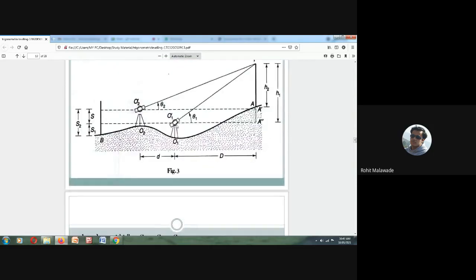Here, what is happening is that the line of collimation, or your horizontal line of sight, the level of both the instruments, is going to shift. So this is how we will be solving the problem by the other type.